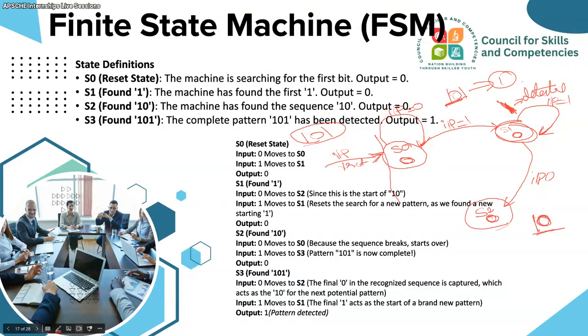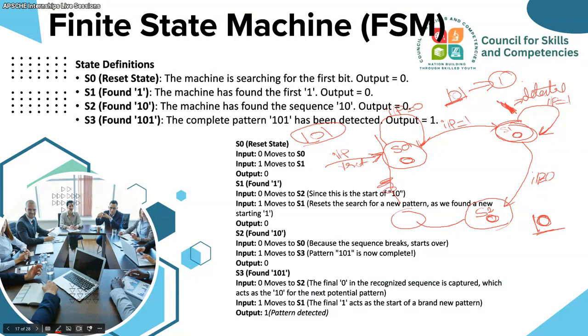Now the machine went to the S2 state. If the input is 0, now we will get an input to the machine in this state. So if the input is 1, it moves to the other state.